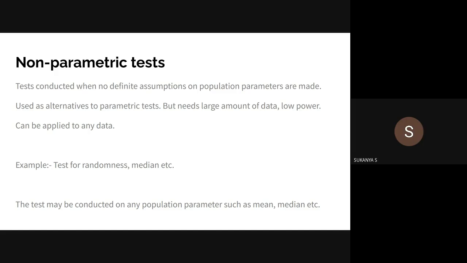You only pick another sample if you see that there is some issue, some weight or package issue. Only then are you picking your next sample, which means you're putting a dependent scenario on that. You're not picking it independently. Only in such cases where the assumptions are not satisfied will you have to go for a non-parametric test.